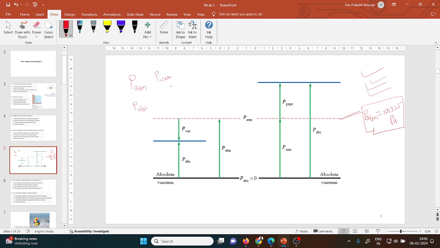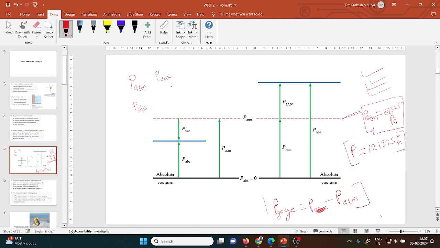If we want to measure a pressure above P atmospheric, let's suppose your value is 121325 Pascal at some instrument or system, and you want to find the gauge pressure, what will you do? You take whatever P is given and subtract P atmospheric.